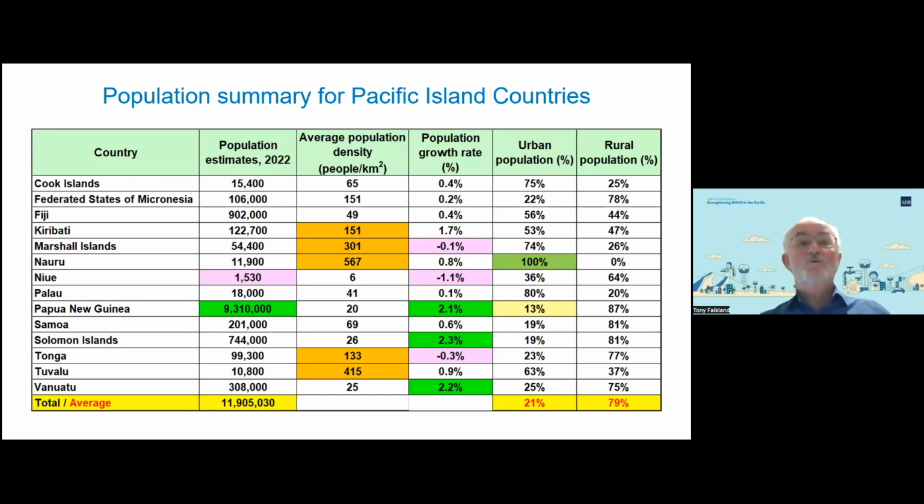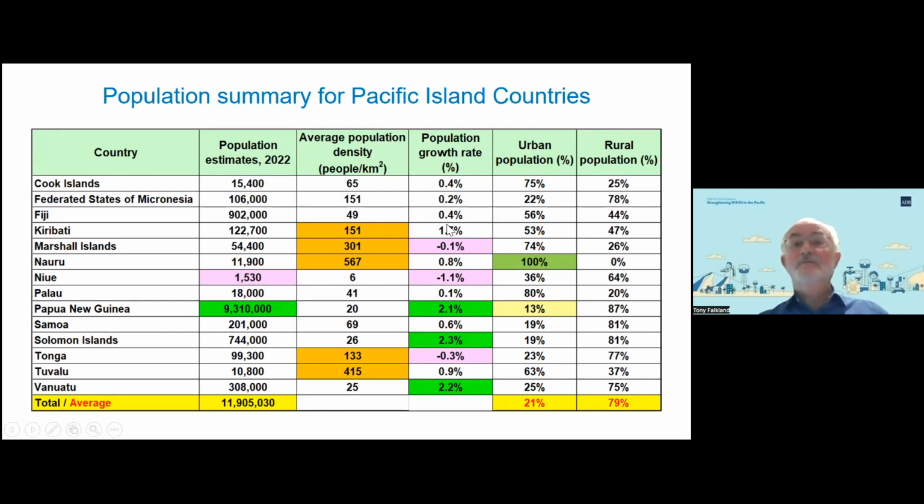Populations show quite a variation too, both in terms of numbers. Second column here, about 1,500 people in Niue, up to about 9.3 million in Papua New Guinea. The densities in terms of people per square kilometre over the whole country show large variation too, from 6 in Niue up to more than 500 in Nauru.